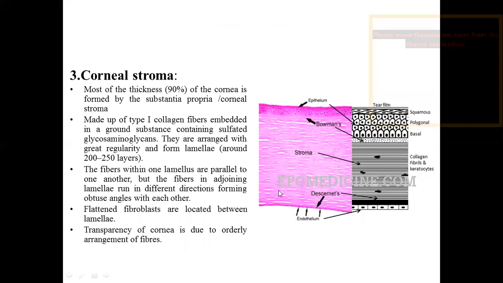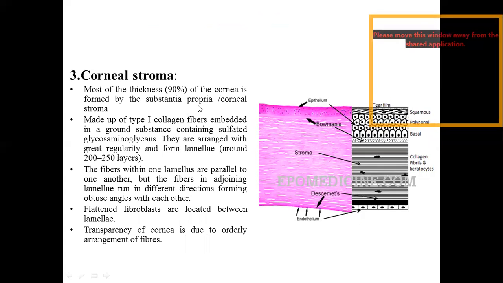Next is the corneal stroma, the third part. It is also known as the substantia propria, and it occupies almost 90% of the thickness of the cornea. So most of the cornea is made up of corneal stroma, and this stroma consists of type 1 collagen fibers embedded in a ground substance which contains glycosaminoglycans.